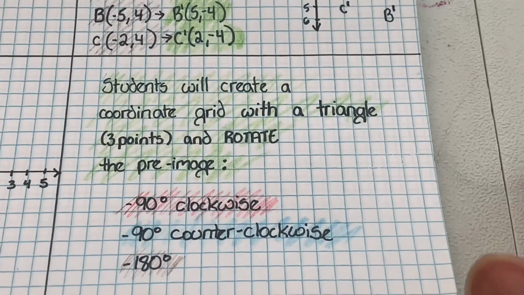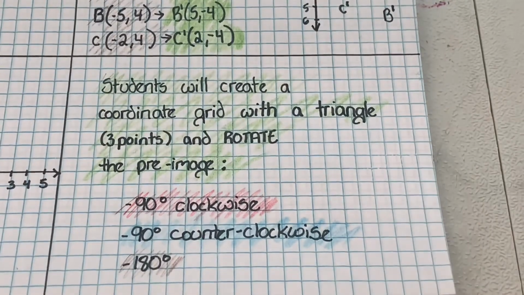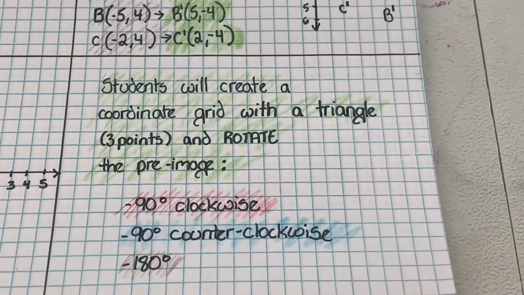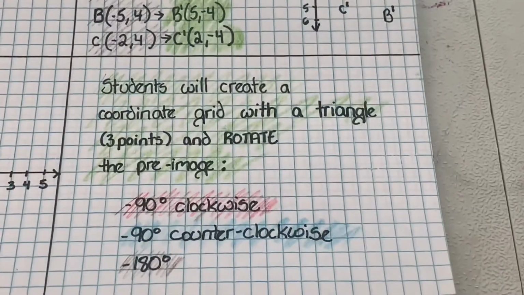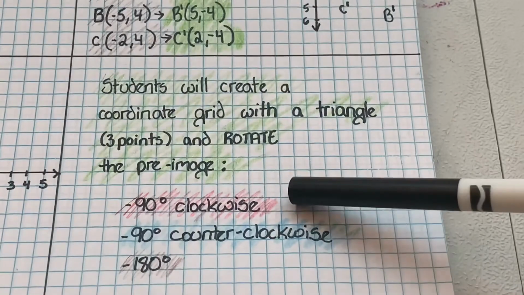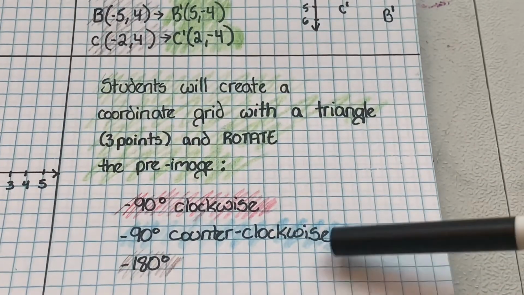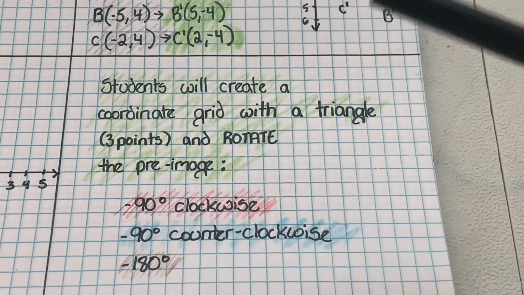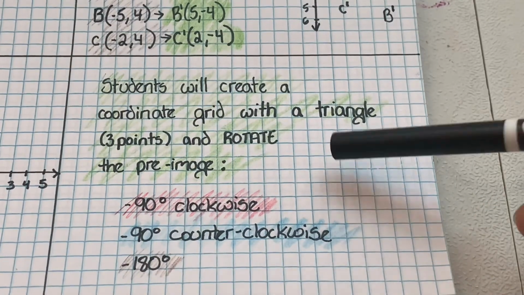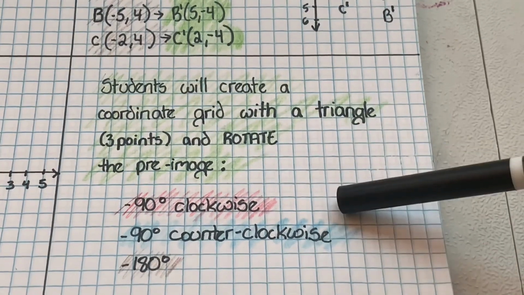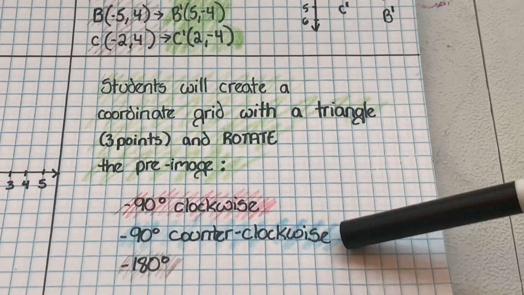You're gonna put a triangle in it, with 3 points. Of course, a triangle has 3 points, you know that. And I want you to rotate that triangle 90 degrees clockwise, 90 degrees counterclockwise, and 180 degrees, right? So you should have a total of 4 triangles when you are finished on the coordinate grid that you make.